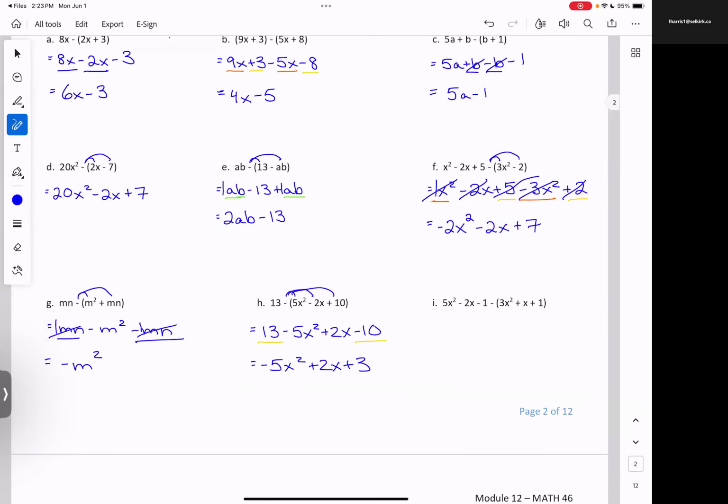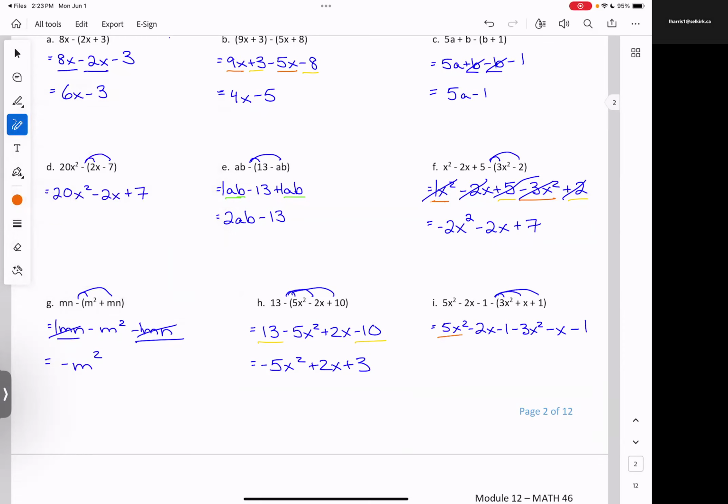And last question, let's distribute. And we get 5x squared minus 2x minus 1 minus 3x squared minus x minus 1. And then we need to think about our like terms.